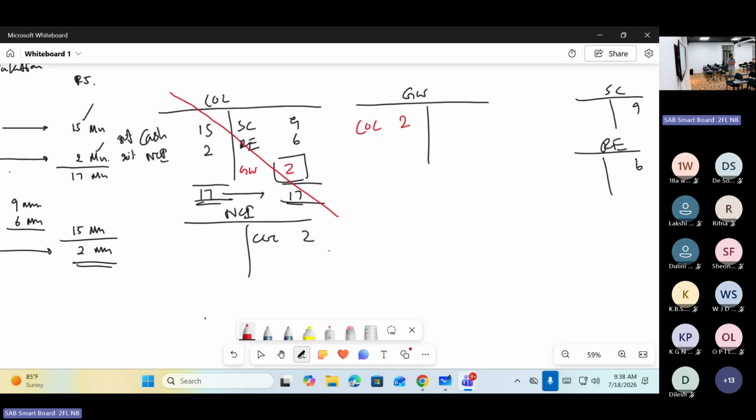Then you need to finalize the cost of control account.